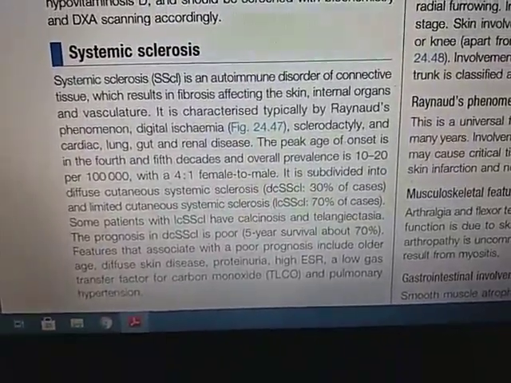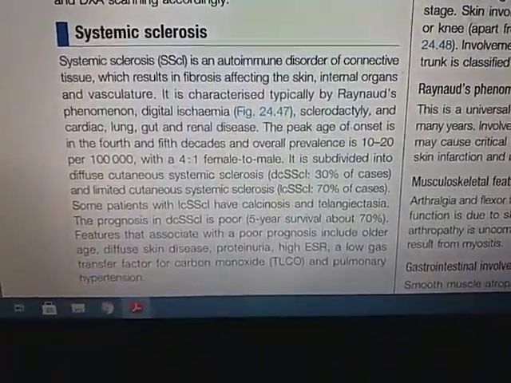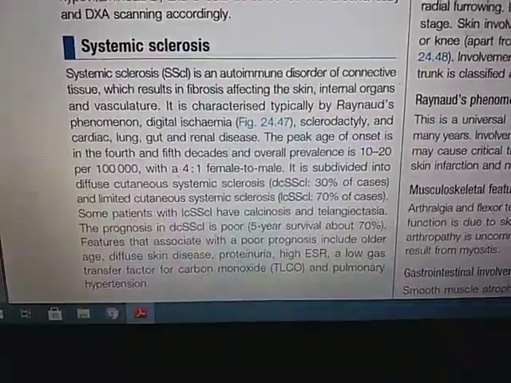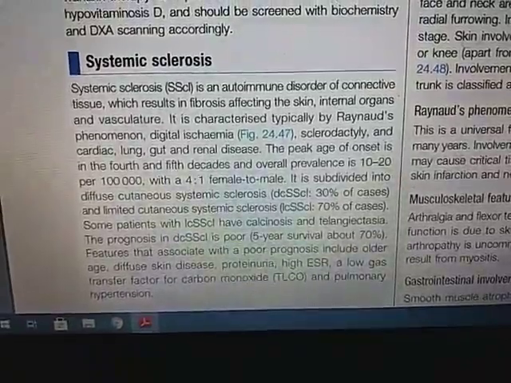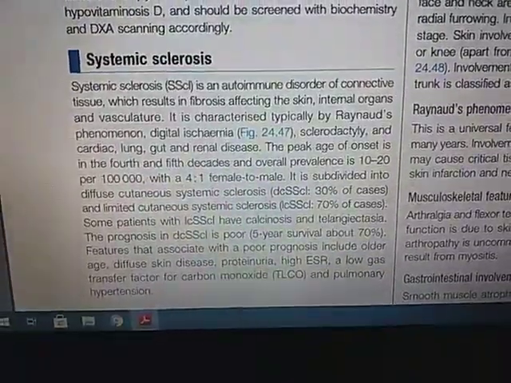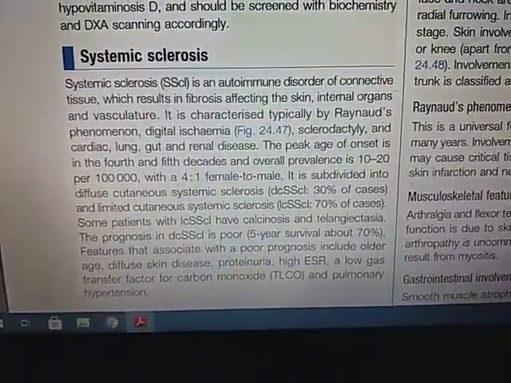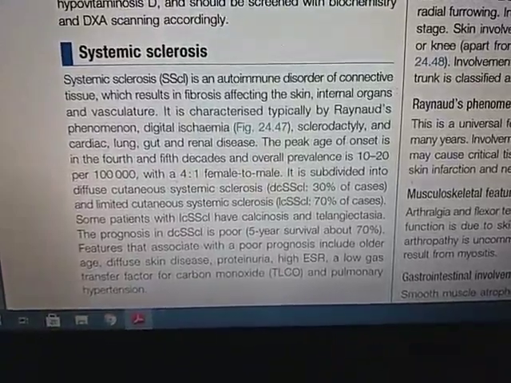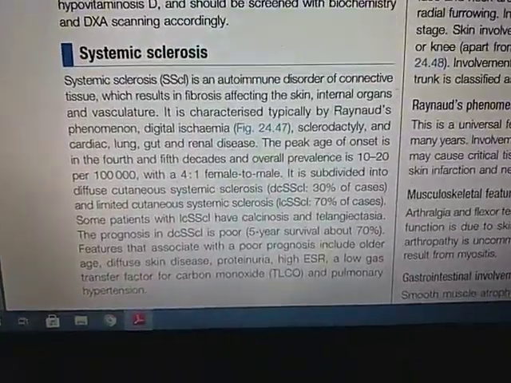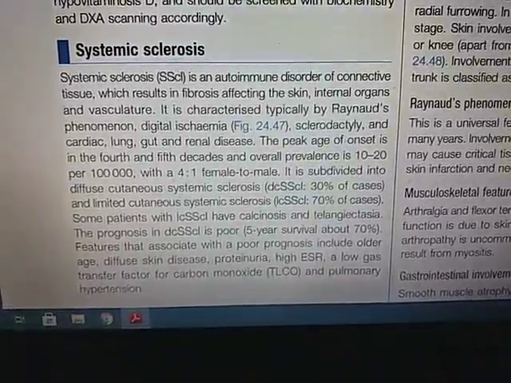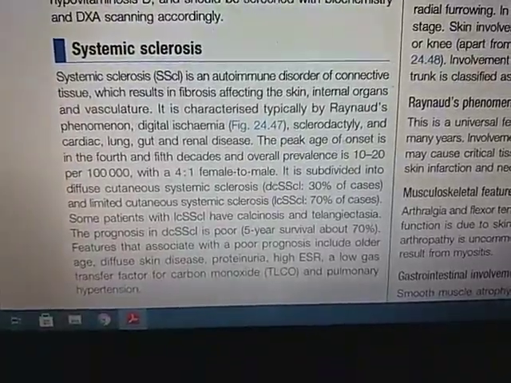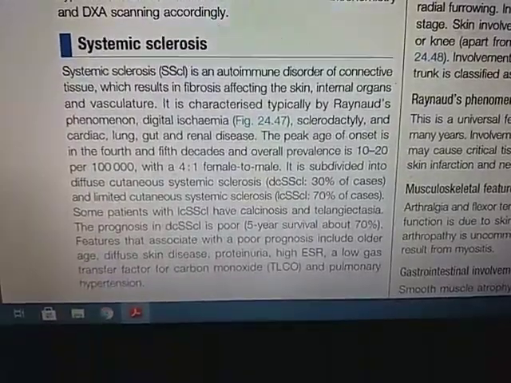Raynaud's phenomenon, skin induration and calcinosis, esophageal dysmotility, sclerodactyly, telangiectasia.